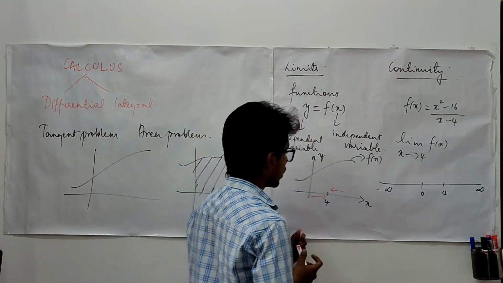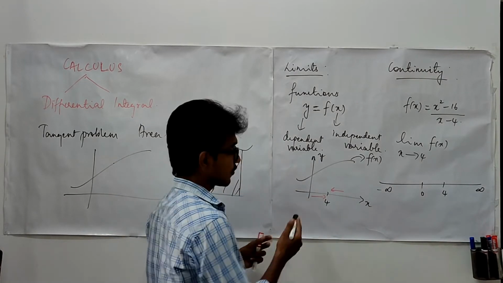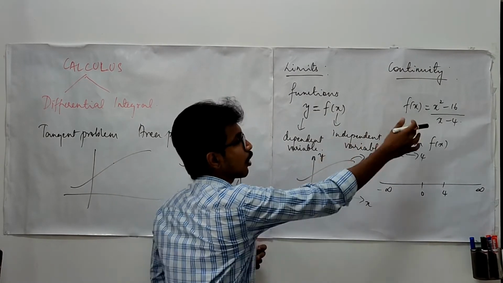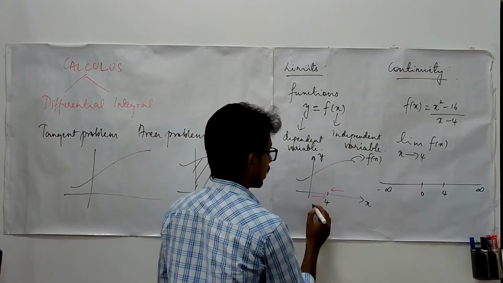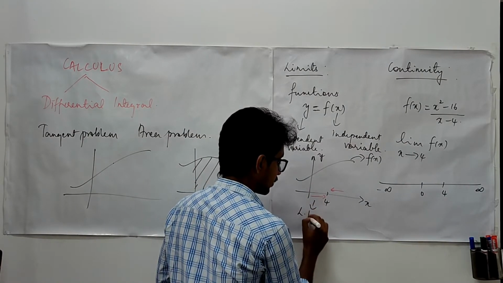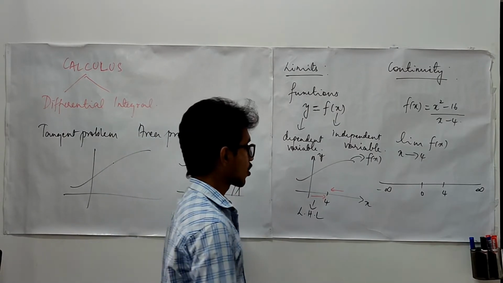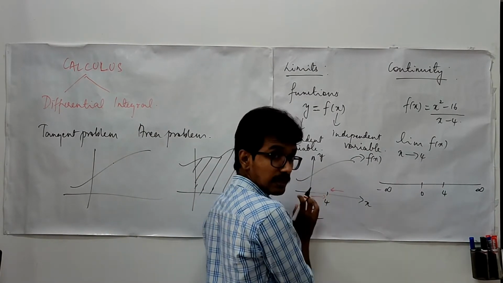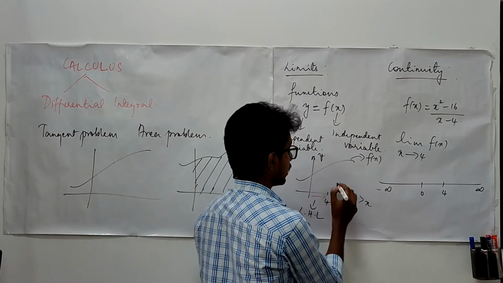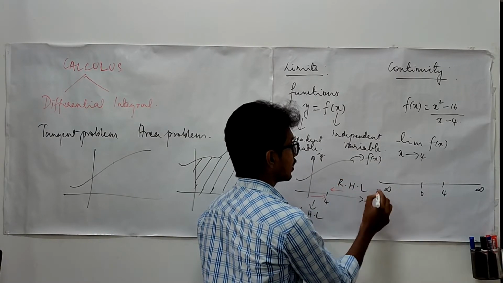So whenever your x approaches from this side, then we call that limit the left hand limit, or simply left limit. When this happens from the right hand side, we say it is the right hand limit.